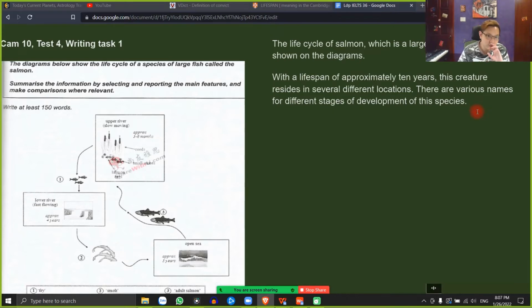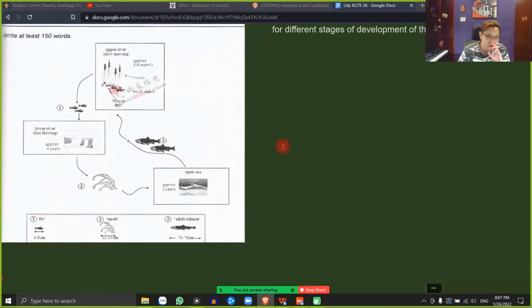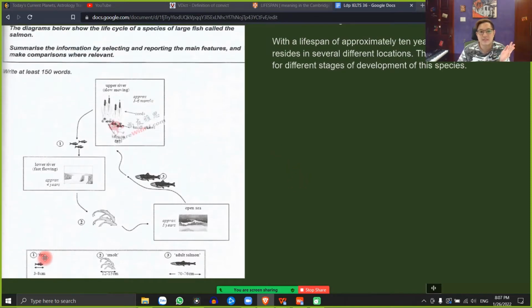What else then? You can also say that from the beginning stage to the adult stage, the size of the fish has increased approximately 10 times.